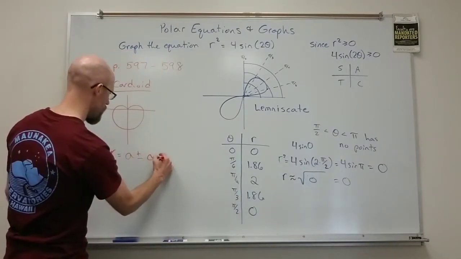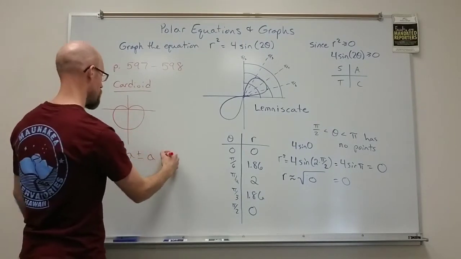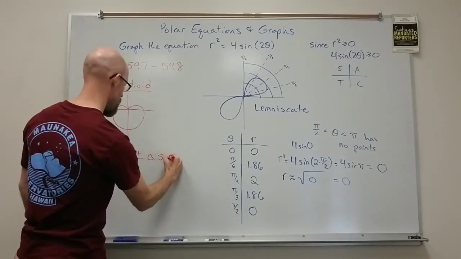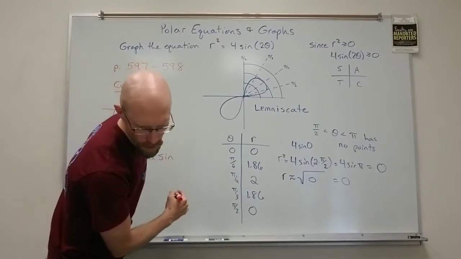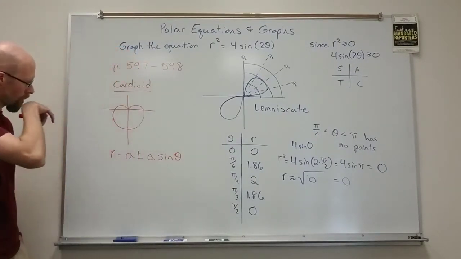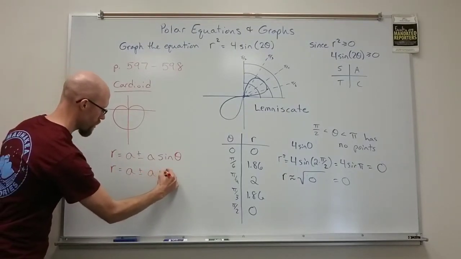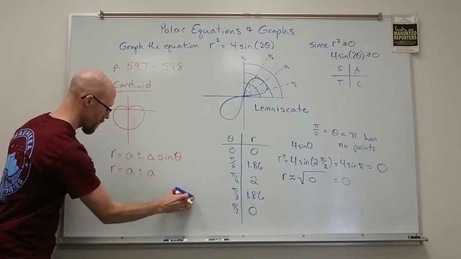Anyway, these cardioids tend to have the equation r equals a plus or minus a sine of theta, or could be a cosine. So cosine is the other one. It's a plus or minus a sine of, or cosine of theta.